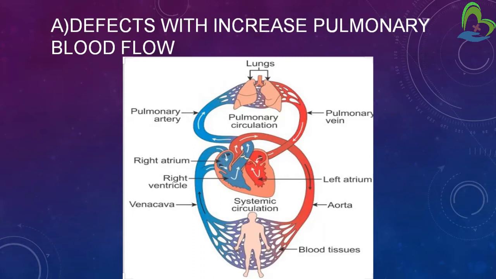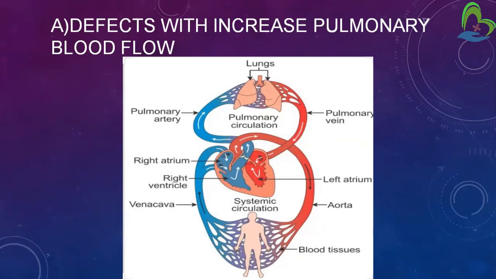So the first classification in acyanotic was defects with increased pulmonary blood flow. Why are they telling it is increased pulmonary blood flow? Because here the pulmonary blood flow is increasing. In blood circulation there are two circulations, systemic circulation and pulmonary circulation.